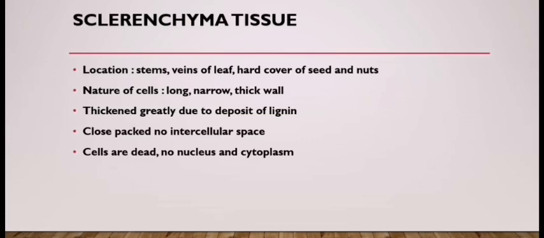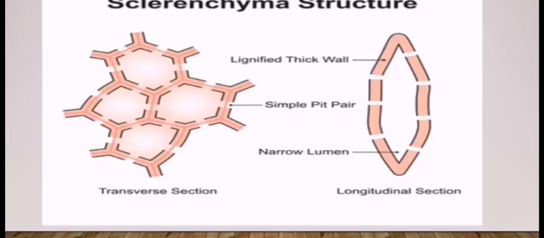The cells are dead. Dead means they have no cytoplasm, no nucleus, nothing. When we say the cell is living, it has a nucleus, mitochondria, cytoplasm, everything, and will undergo photosynthesis. The cell being dead means no cytoplasm and no nucleus. So this is the structure of sclerenchyma tissue. They can give either the longitudinal section or the transverse section, but both are sclerenchyma tissue itself.